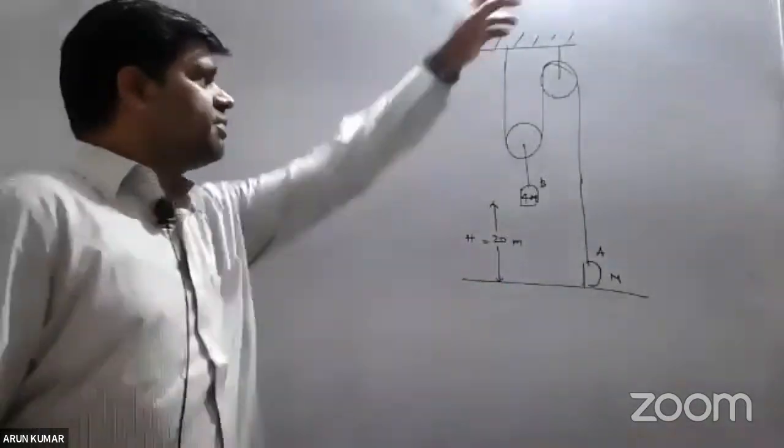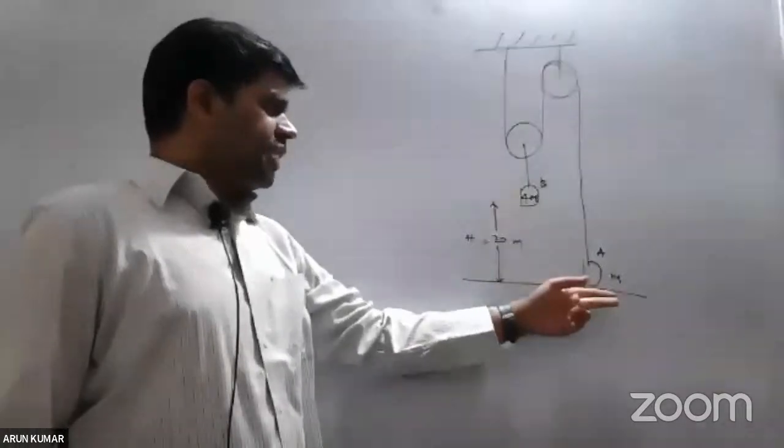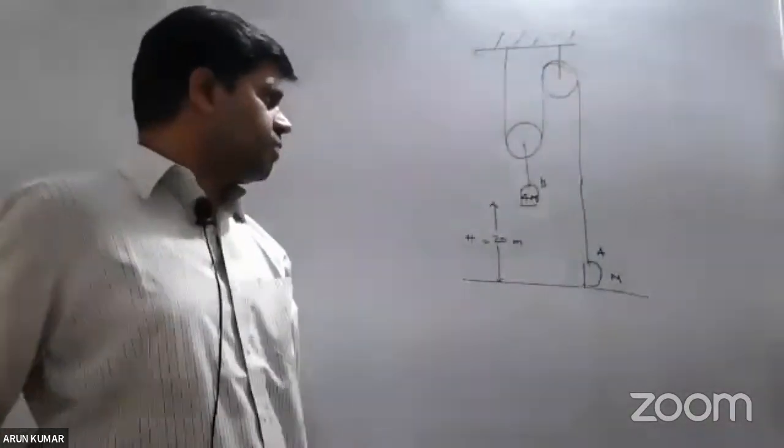If this comes down with an acceleration a naught, what is the acceleration of block A?